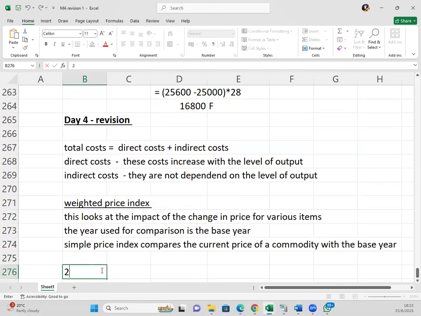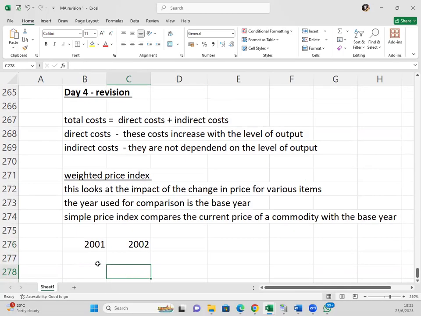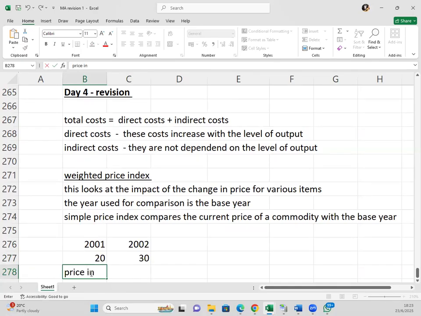If we are looking at 2001 and 2002, and in 2001 the price was $20 and now in 2002 the price is $30, to work out the simple price index we would say the price for the base year over the current price.